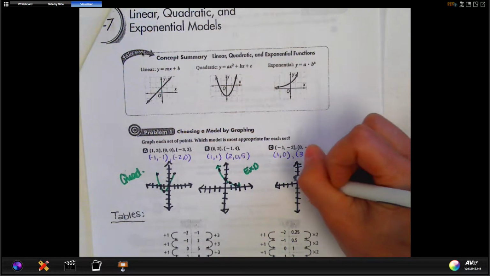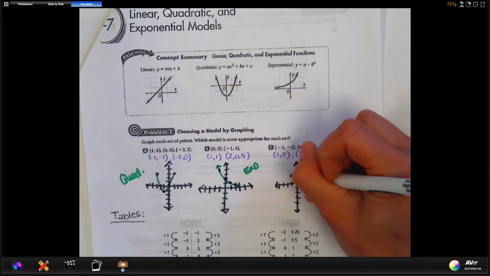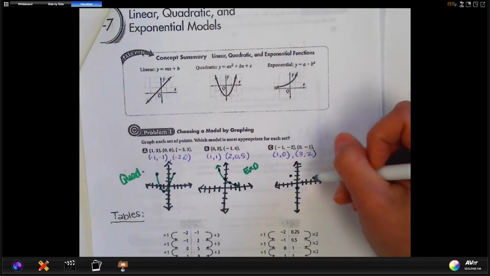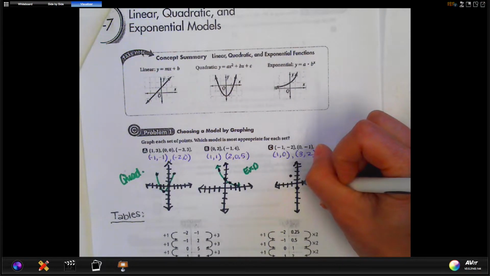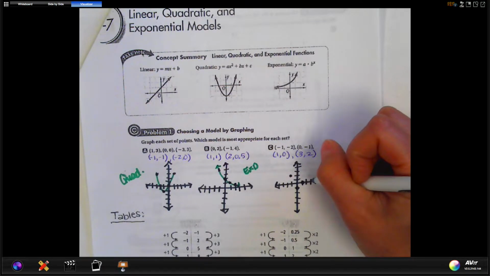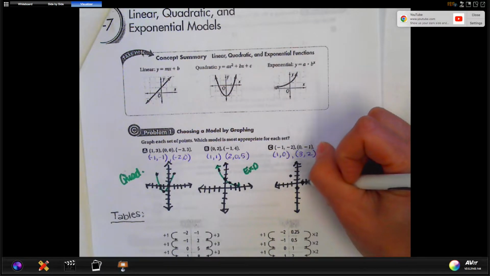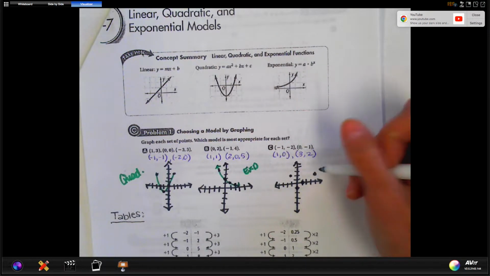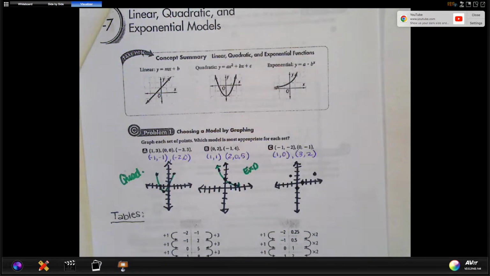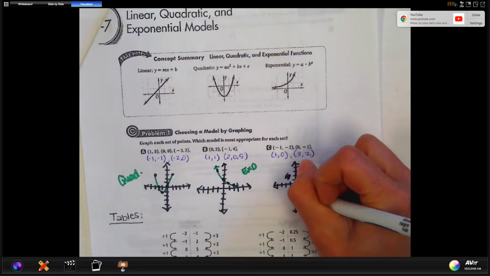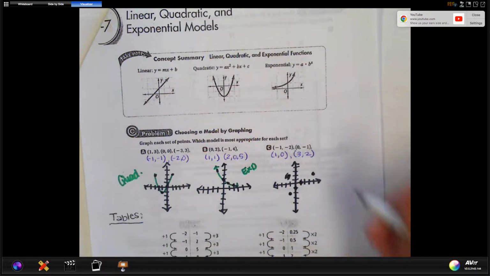All right, negative 1 and negative 2; 0, negative 1; 1, 0; and then 3. Oops. 1, 2, 3, and then 2. Okay, so I made my first point wrong. Nobody said anything. Negative 1, negative 2. Ooh, I'm going crazy. All right. And does it make linear or no? Yes.